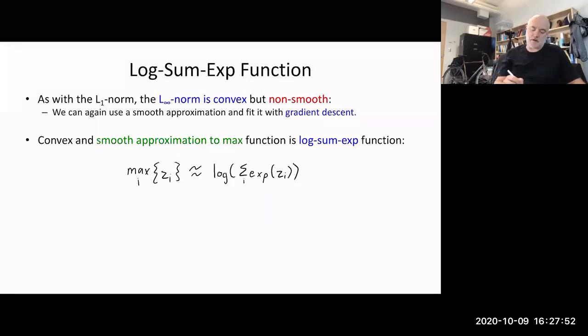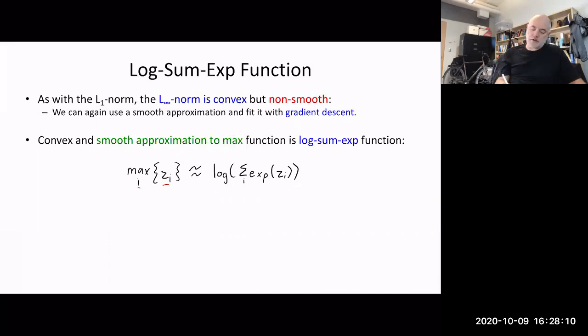Think about what's going on. Here we have some arbitrary vector values z1 to zn, z1 to z10, whatever, doesn't really matter. And we want the maximum element of that set of numbers.